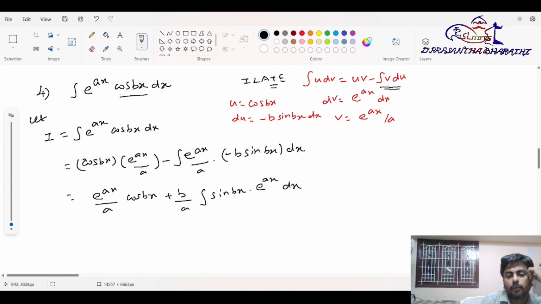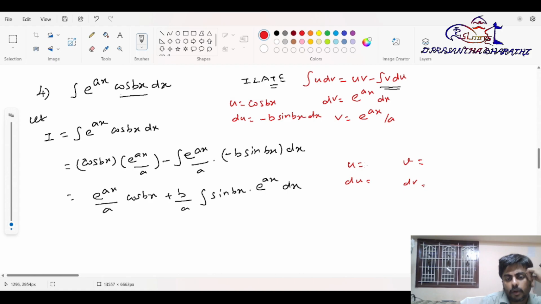Now the integration is not over since you are having the integral symbol. So in this also you have to choose what is u, what is du, and what is v, what is dv.